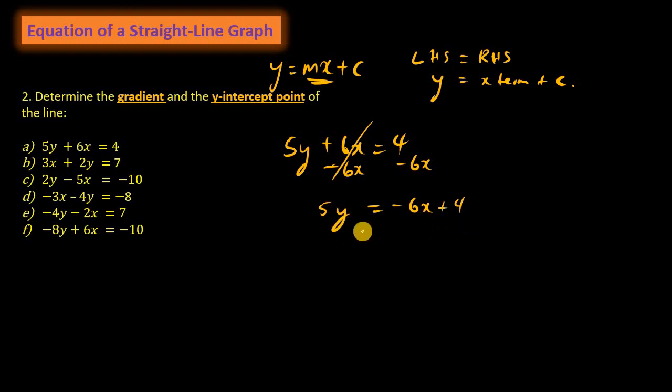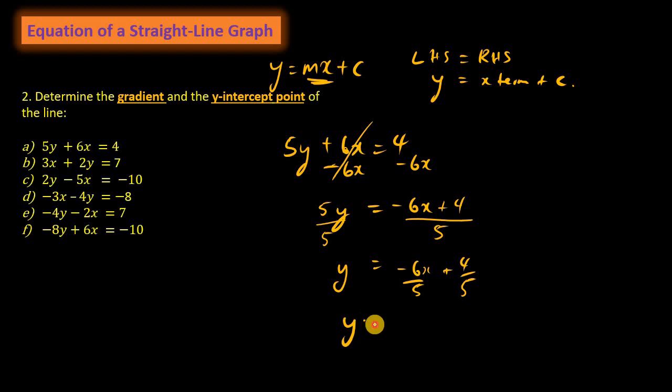Now we are at a familiar place. We want to isolate the y completely without the 5 at its side. The 5 is multiplying y, so to remove it, we divide by 5. So this will give us 1y, which is what we're looking for. Divide this side over here by 5. Now we need to separate this into negative 6x divided by 5, and the plus 4 also divided by 5.